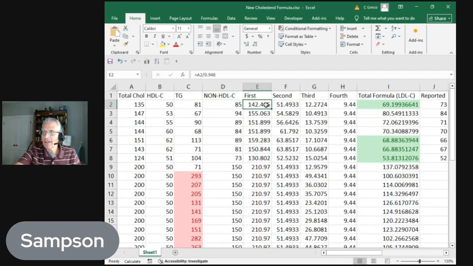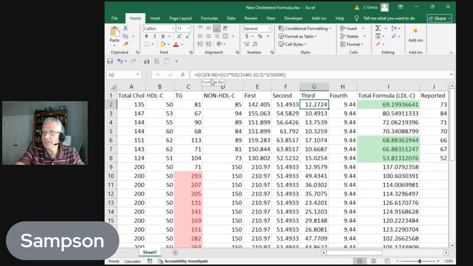Now, the first time you have A2, the total cholesterol, over 0.548. That's going to be your first calculation. Your second calculation is going to be B2, HDL, over 0.971. Then the third one, you get into really interesting stuff.